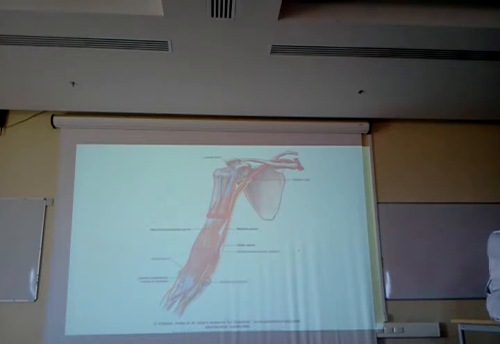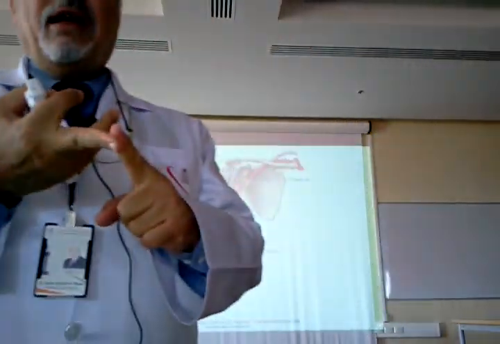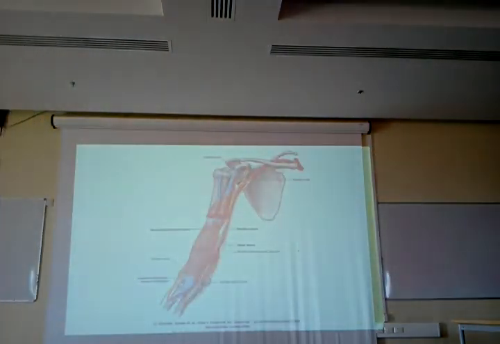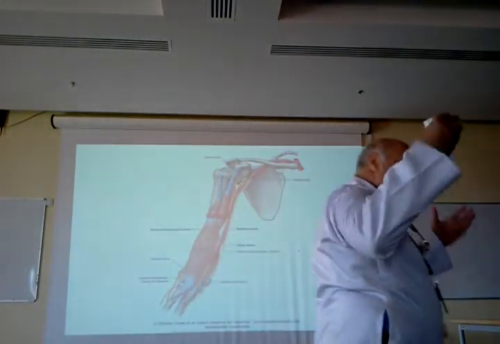Supply the lateral aspect of the forearm till the wrist joint. And this musculocutaneous nerve supplies brachialis, supplies biceps, and put in your mind there is a rule: the muscle acting on the joint, the nerve supplying this muscle must supply this joint. Can you repeat this?